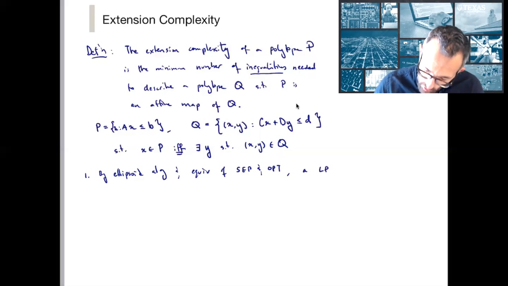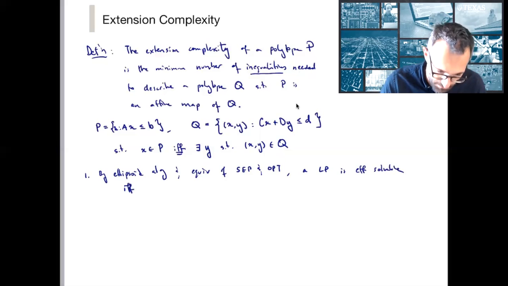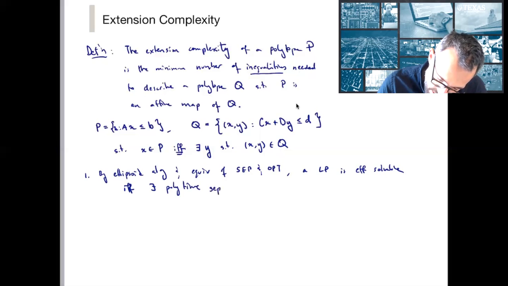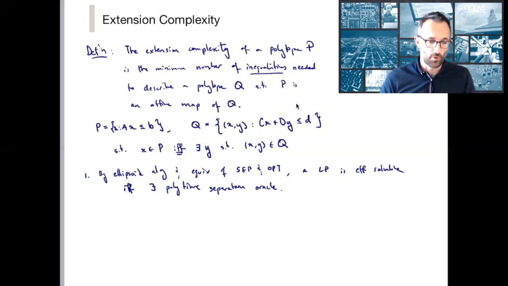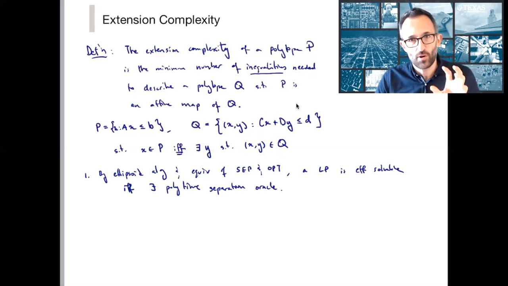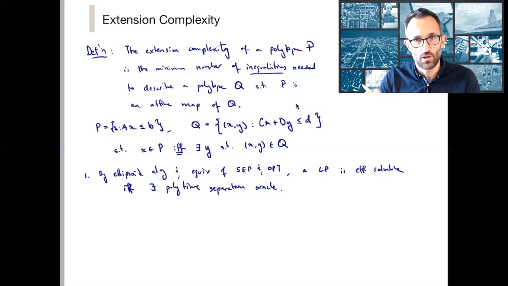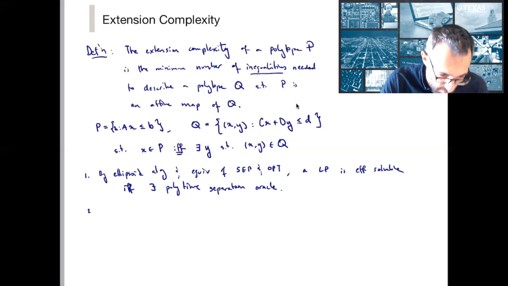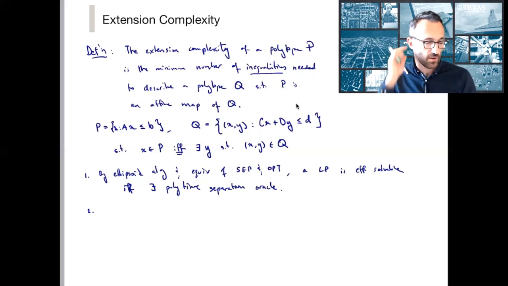A linear program is efficiently solvable if and only if there exists an efficient separation oracle, or separation algorithm. So we know that separation and optimization are equivalent, and that this is a characterization of easy and hard linear programs.